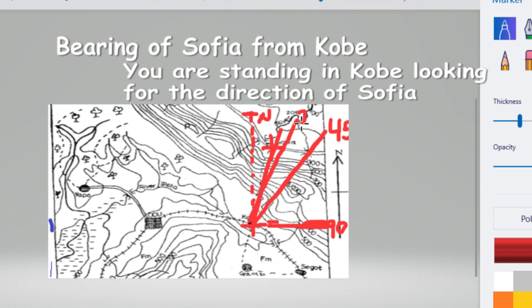When we draw a straight line from our standpoint in Kobe to Sofia, we see that Sofia is within the first quadrant between magnetic north and the true north. Then we bisect the line going towards Sofia from 22.5, and we will now see that Sofia is 22.5 degrees east of Kobe.